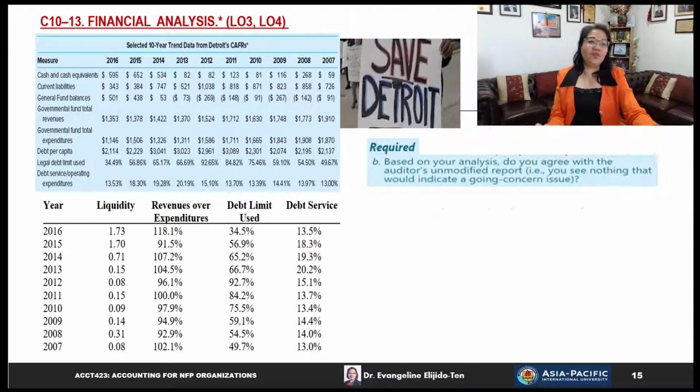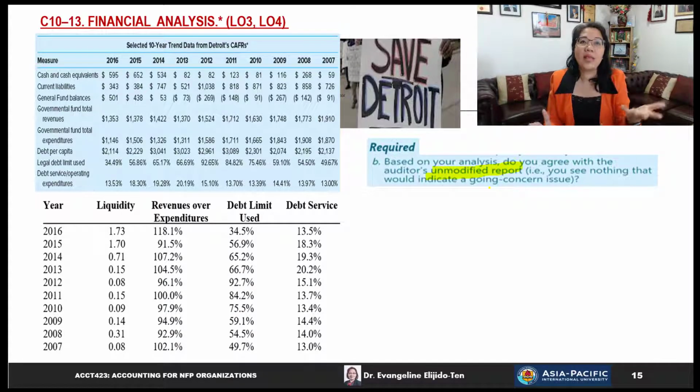All right, let's move on to the second requirement. Requirement B says, based on your analysis, do you agree with the auditor's unmodified report? That is, do you see nothing that would indicate a going concern issue?